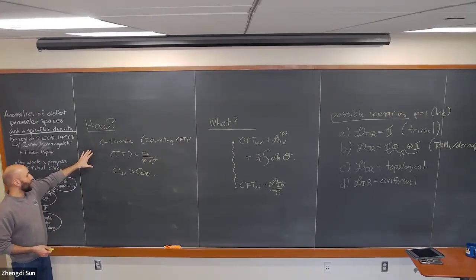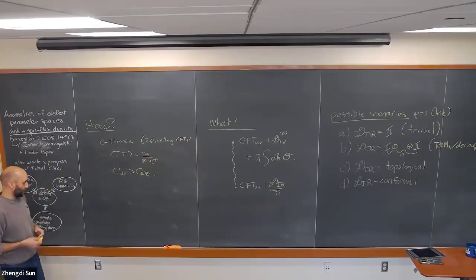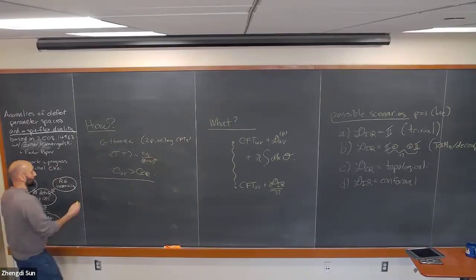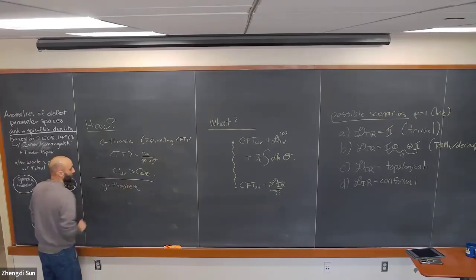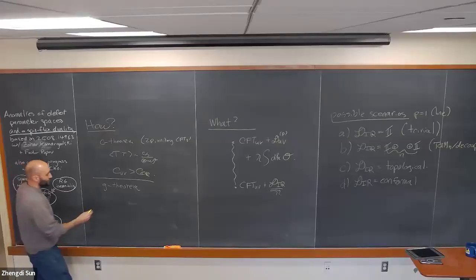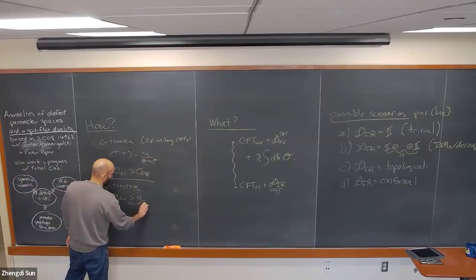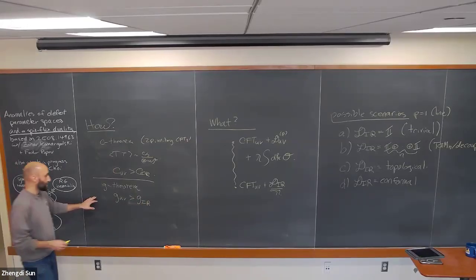There are, by now, a variety of generalizations of the C theorem that apply in all kinds of dimensions and with defects of arbitrary codimensions. The one that is going to be relevant for us is the G theorem, which applies to line defects. It takes the same schematic form. It says there's some quantity that you can associate to line defects that decreases under situations where you perturb the line. I'm not allowing for simultaneous flows of the bulk and the defect.